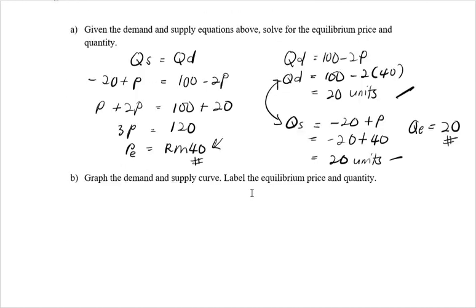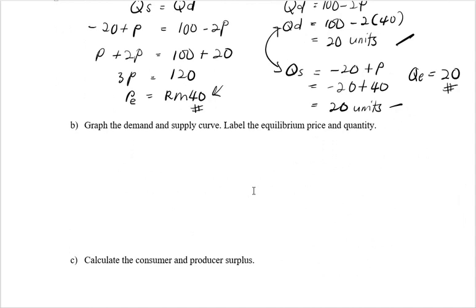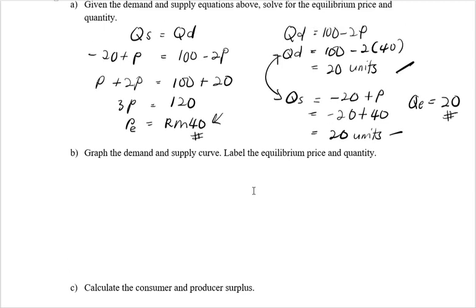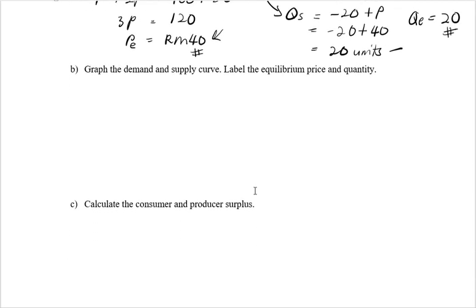Okay, next, question B. Graph the demand and supply curve and label the equilibrium price and quantity. Since you are not given a set of data in this question, you just need to sketch your graph.